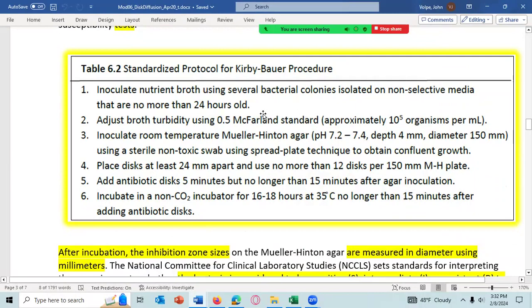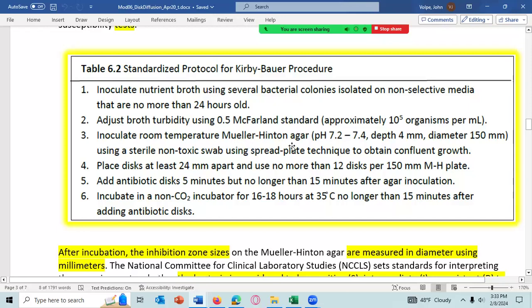And then you inoculate the bacteria in a nutrient broth and you let it grow for no more than 24 hours, and you adjust the turbidity to 0.45 McFarland units. That'll be approximately 1 times 10 to the 5th bacteria cells per mil. You then inoculate Mueller-Hinton agar plates at room temperature.